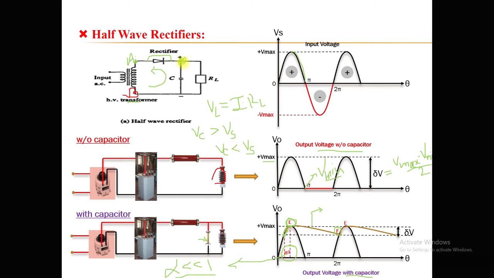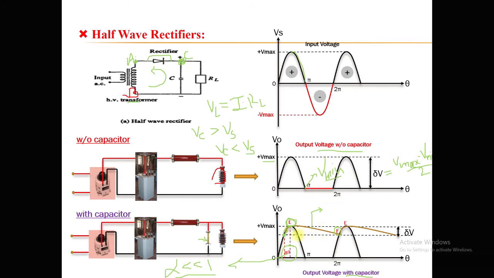So the potential difference between point A and point C will be 2 Vmax: Vmax minus of minus Vmax at A gives you 2 Vmax. The diode you select for the purpose of this high voltage DC generation must have enough capacity to withstand the double voltage during the reverse bias condition.